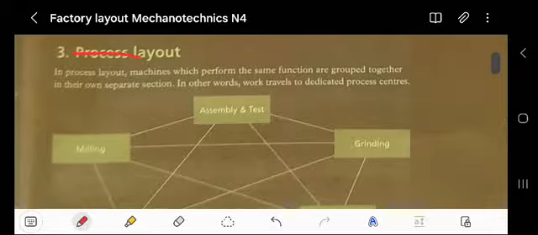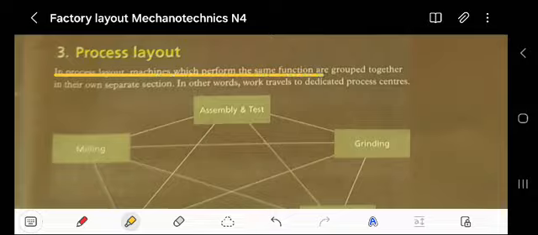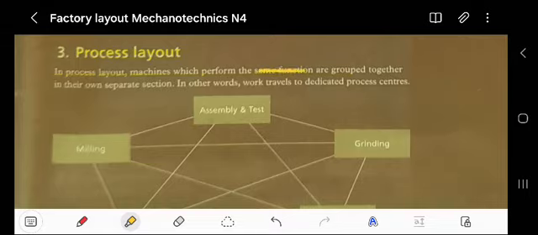Then now we're talking about process layout. In process layout, machines that perform the same function are grouped together in their own separate section. In other words, workers travel to dedicated process centers.